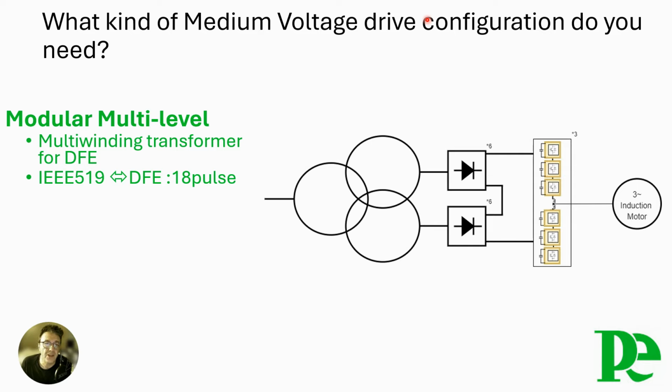The modular multi-level converter, also called M2C or MMC, technology combines the benefits of cell-based converters and the flexibility of a drive with a common DC link. The M2C topology allows for a separate standard direct front end.